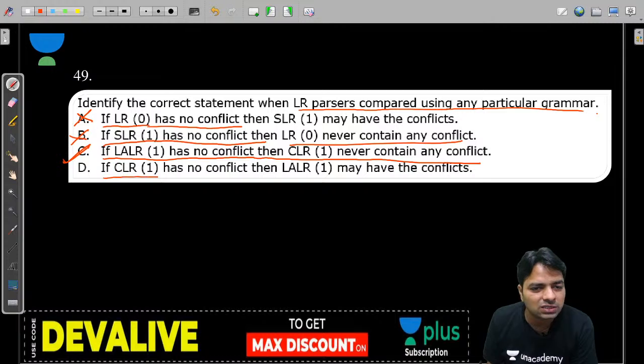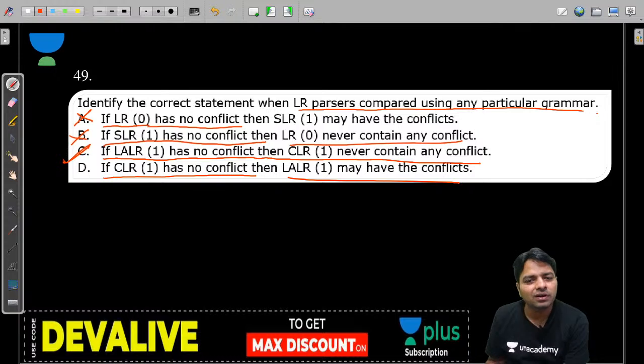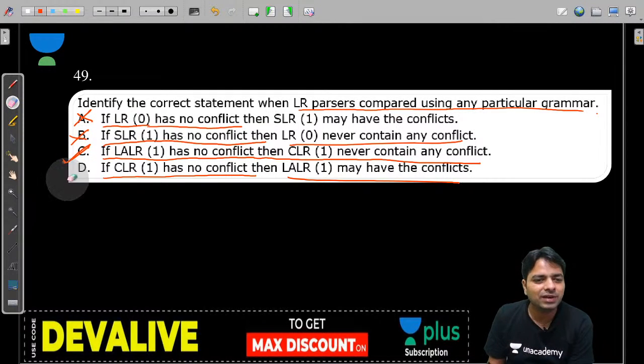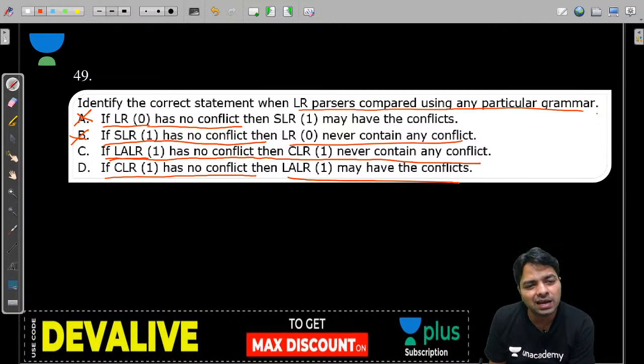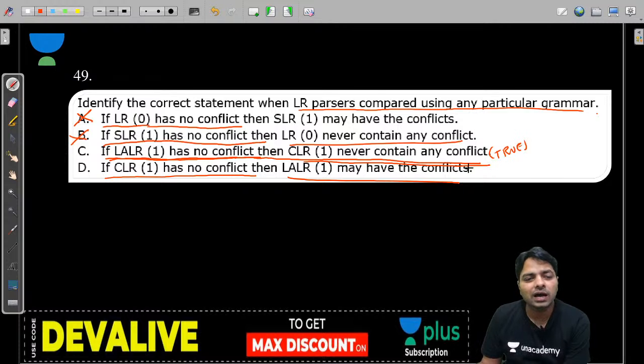If CLR1 has no conflict, then LALR1 will never have a conflict, or may have the conflict. Okay, so option C, D, because sometimes even I do wrong. So option C, D, I'm reading again. I'm confused with option C and D. If LALR1 has no conflict, then CLR1 never contains any conflict. Okay, this is true, no doubt. And next, look at the last one.